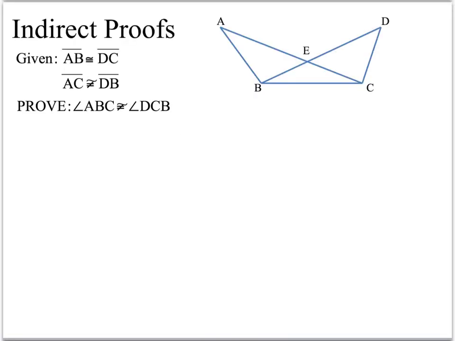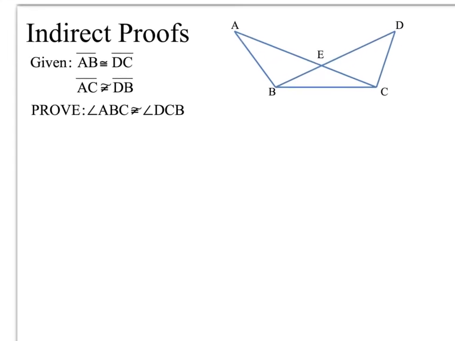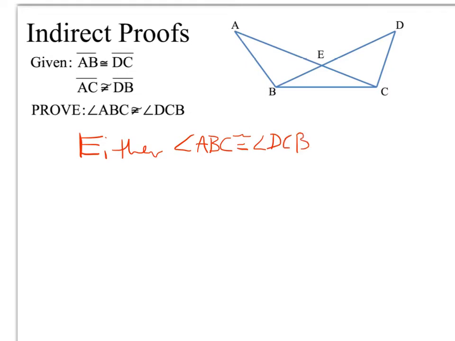Okay, for our indirect proof here, remember we're always going to start with an either or statement. So, first step here in our paragraph proof, either angle ABC is congruent to angle DCB, or angle ABC is not congruent to angle DCB.